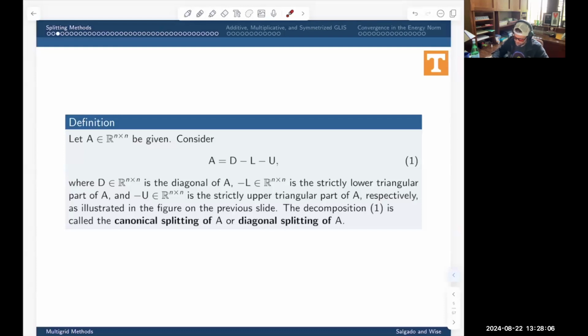This decomposition, illustrated in the previous figure, is what we call the canonical splitting or diagonal splitting of A.